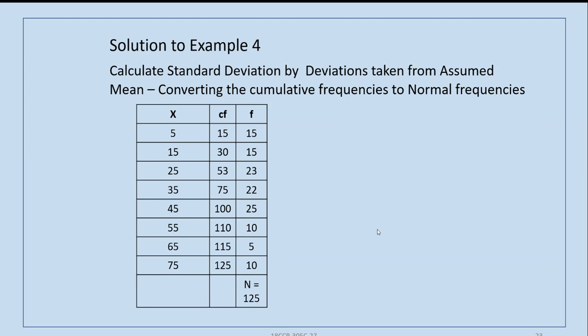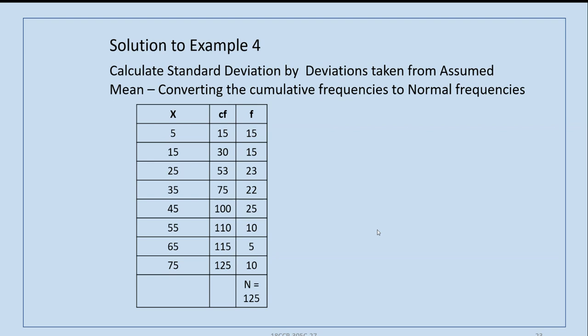The frequencies are 15 minus 0, 30 minus 15, 53 minus 30, 75 minus 53, 100 minus 75, 110 minus 100, 115 minus 110, 125 minus 115. So the frequencies are 15, 15, 23, 22, 25, 10, 5, 10 respectively for the x values.